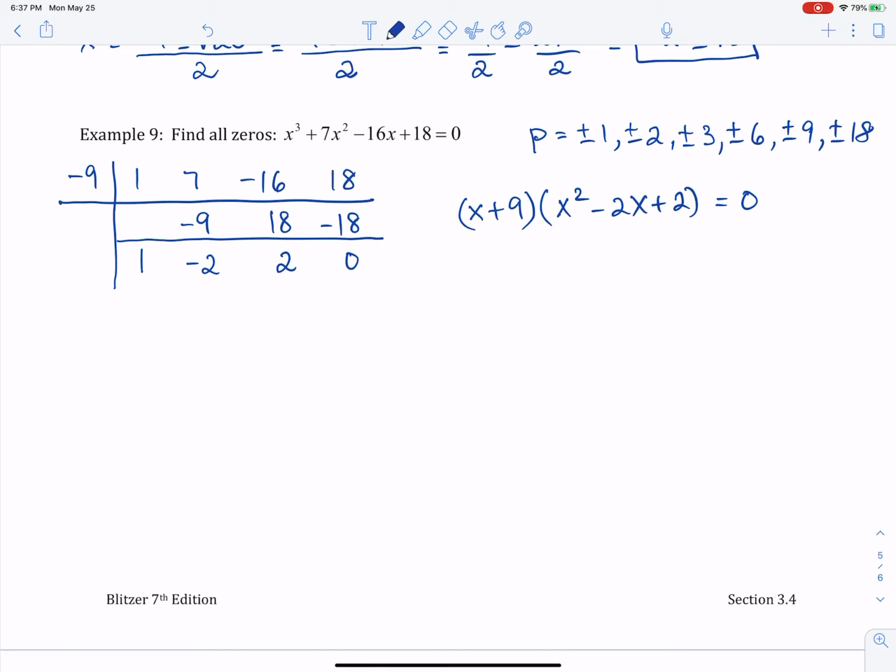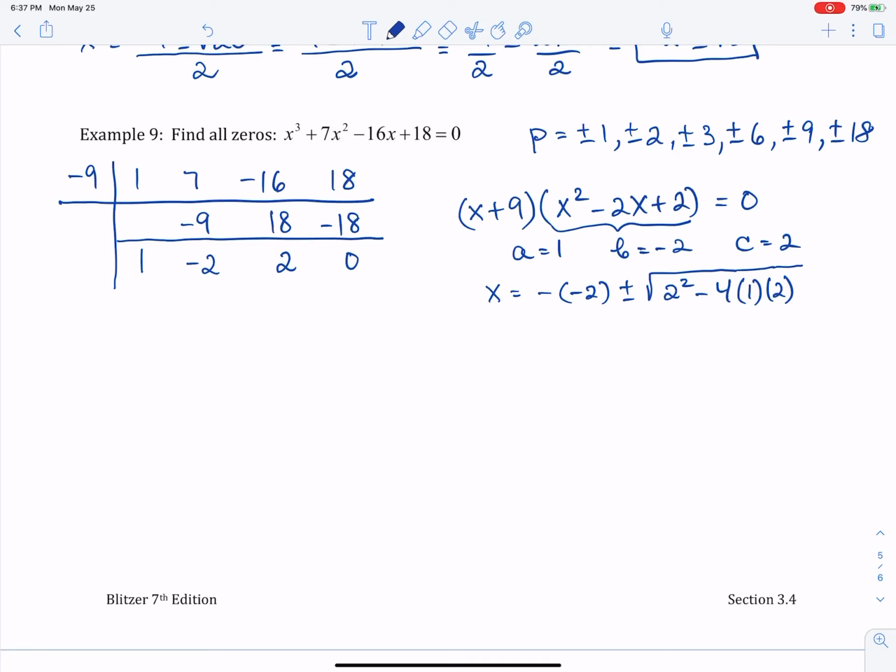Again, we are going to use the quadratic formula. x is equal to, so a is 1 only for this part, b is -2, and c is 2. So x is equal to -b, which is 2, plus and minus the square root of b squared, -2 squared is the same as 2 squared, minus 4 times 1 times 2, all over 2a, all over 2.